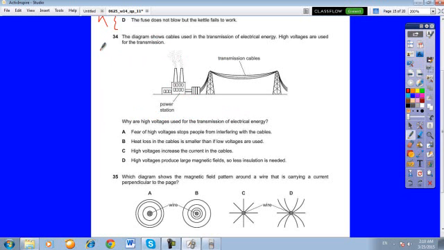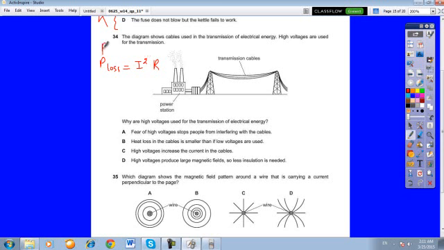Power loss in transmission lines is equal to I squared multiplied by R. R is the resistance of the wire, which we cannot change. So we have to work on I.